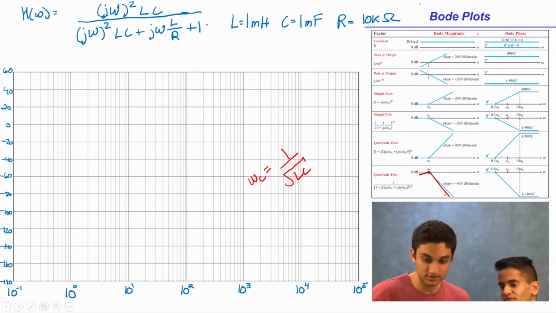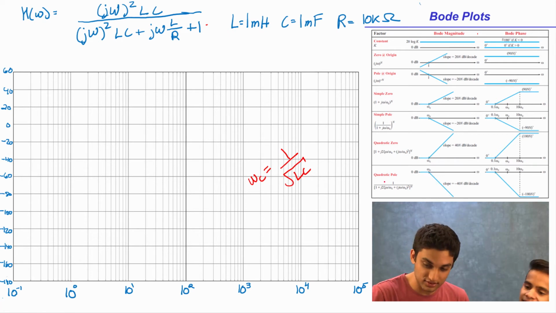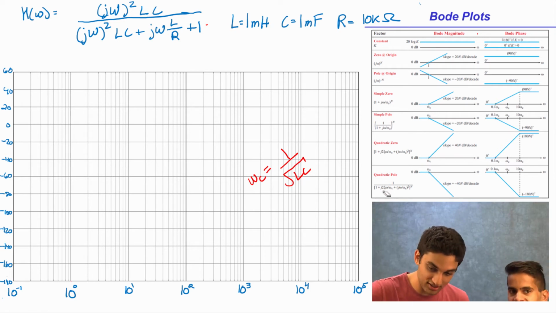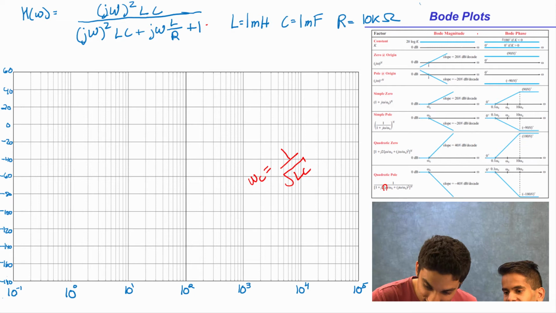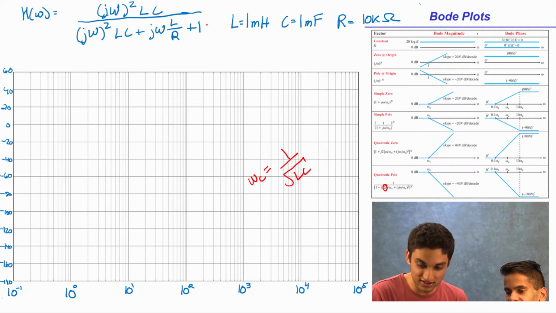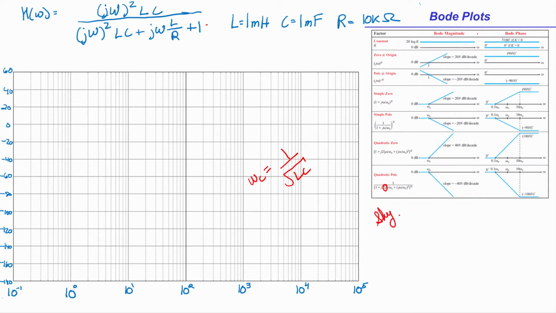Hey Sid, what about the linear term? Oh, that's a great question, Saban. He's talking about this small Greek letter, I keep forgetting what it's called, but this psi term is not really relevant while we're constructing a Bode plot, because as you can see, these two parts don't involve the psi term.